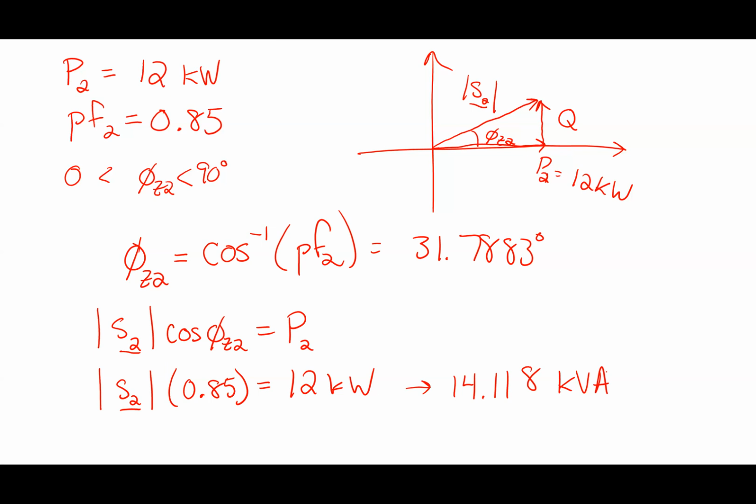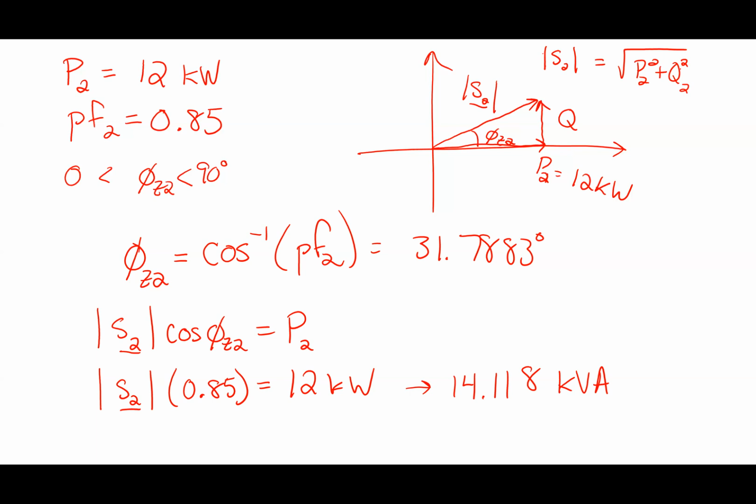Now I got a couple of ways that I could figure out the Q. How can I figure out the Q? Root of magnitude squared minus P2 squared. Yeah, so |S2| squared equals P squared plus Q squared, so I could solve for it from there.